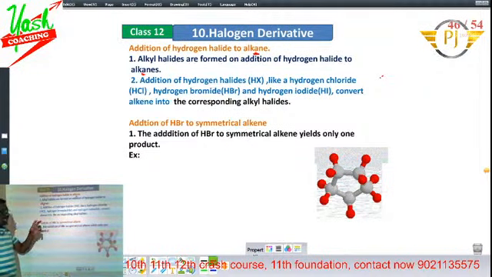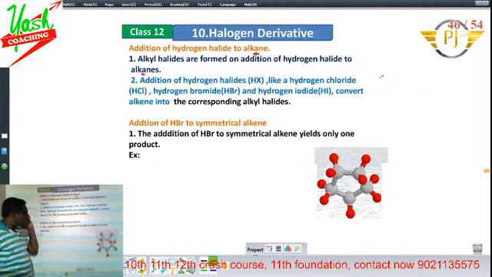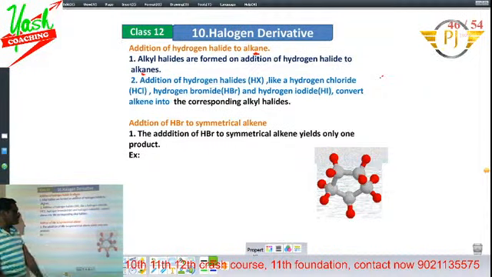These alkenes are of two types: symmetrical alkenes and unsymmetrical alkenes. The addition of hydrogen halides to symmetrical alkenes and unsymmetrical alkenes gives different types of products.